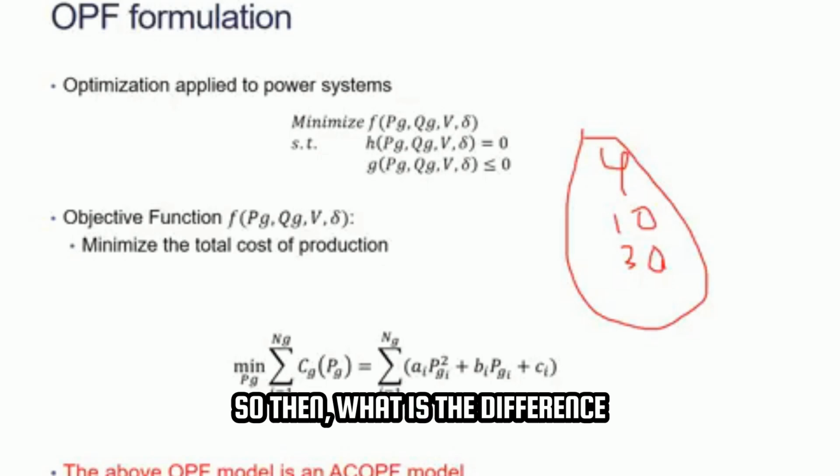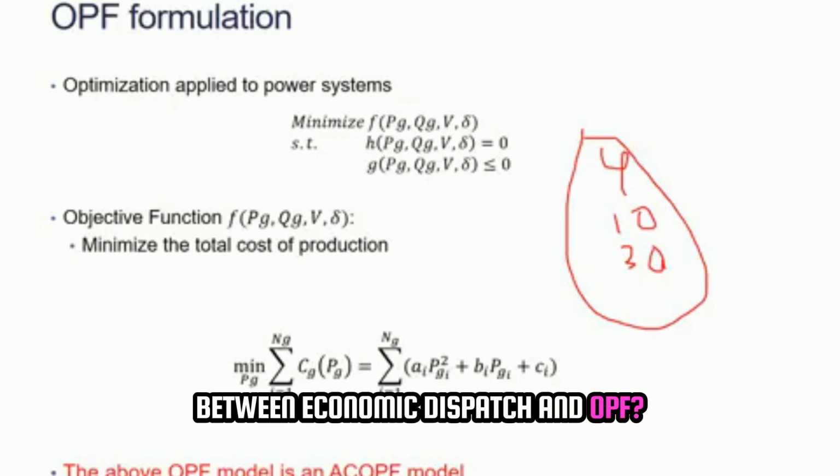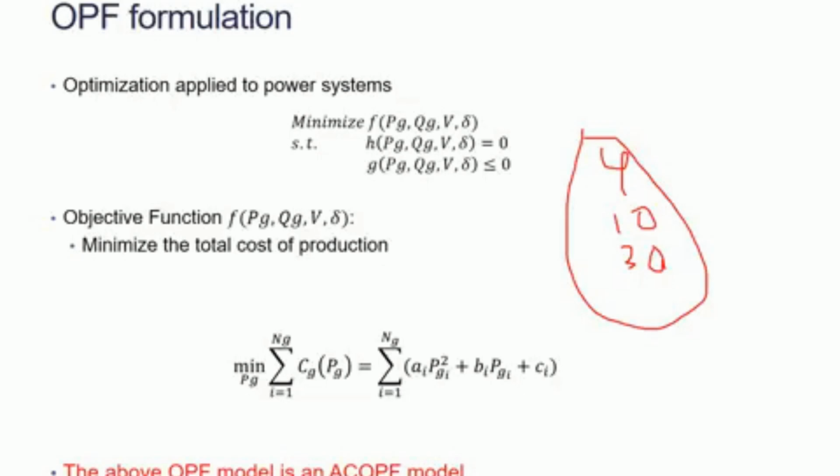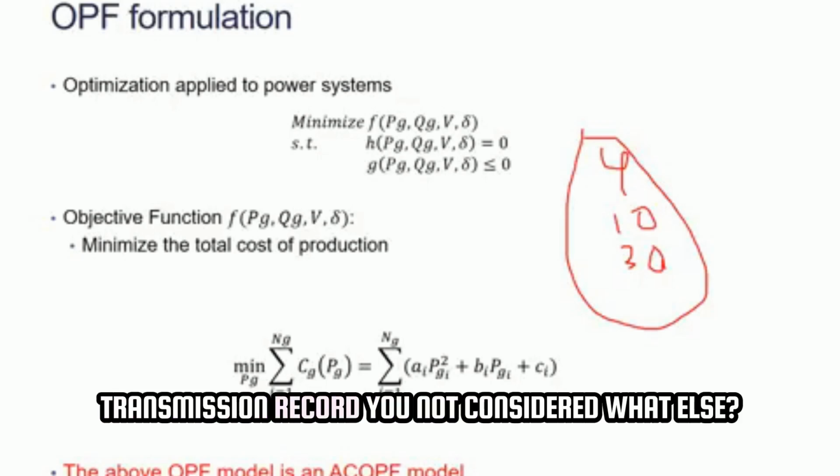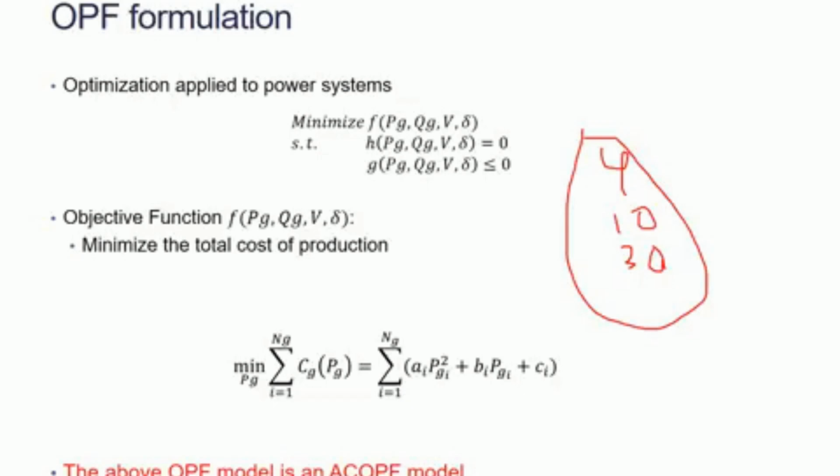So what is the difference between economic dispatch and OPF? I think now it should be clear to all of you. Good. Yes, transmission network is not considered. What else?